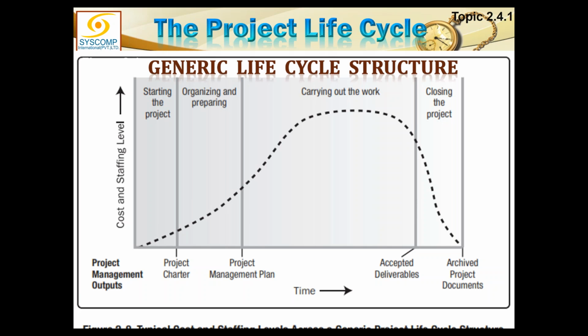So time shows the life cycle of the project. During the life cycle of the project, the money you will spend and the usage of your staff will gradually increase as you start the project.